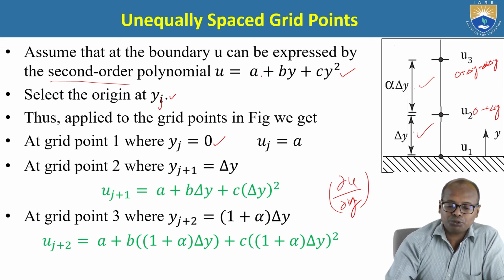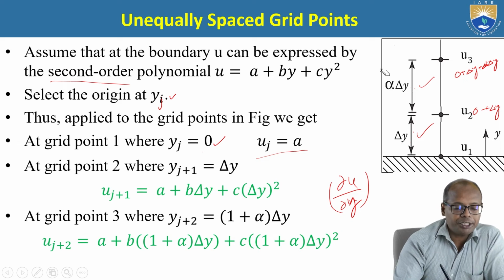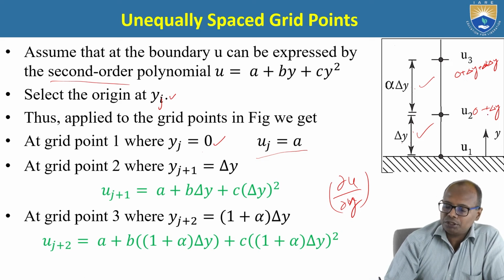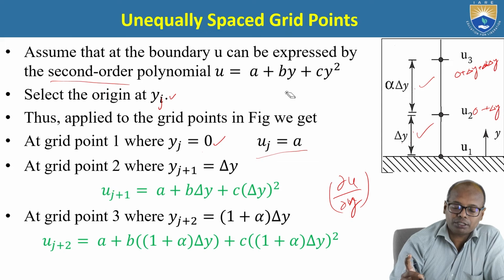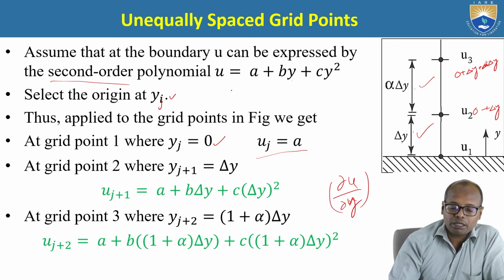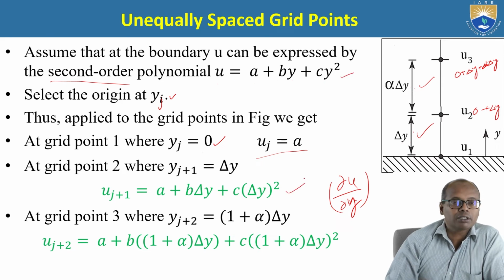If I substitute that, this will become 0, this will become 0, so uj is equal to a. Now at point 2, the value of y is delta y. Substituting, u is equal to a plus b delta y plus c delta y whole square. Like this I will get.